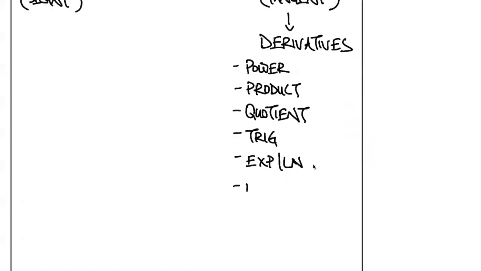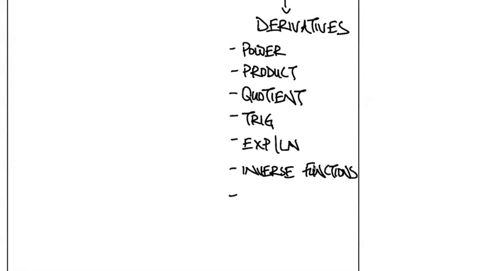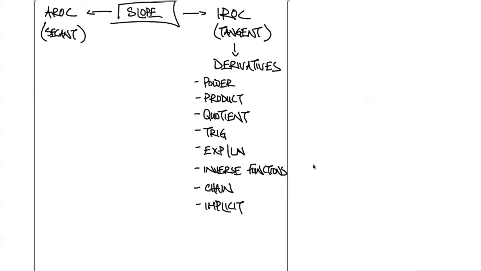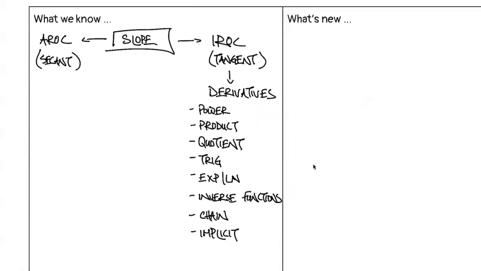We learned the derivatives of inverse functions. We learned the derivatives using chain rule. We learned derivatives using implicit differentiation. Right? We learned so many of these rules.